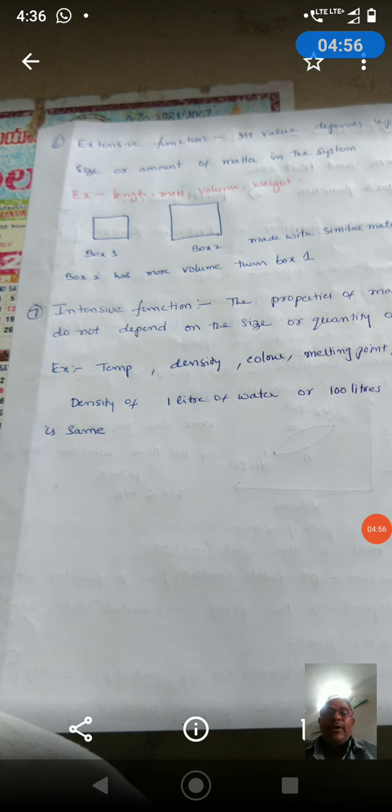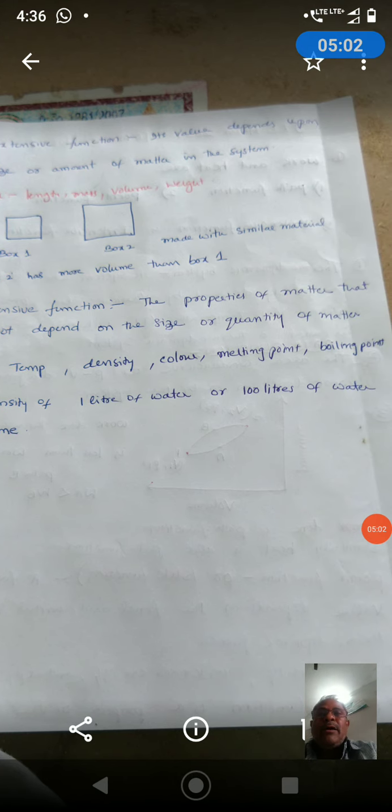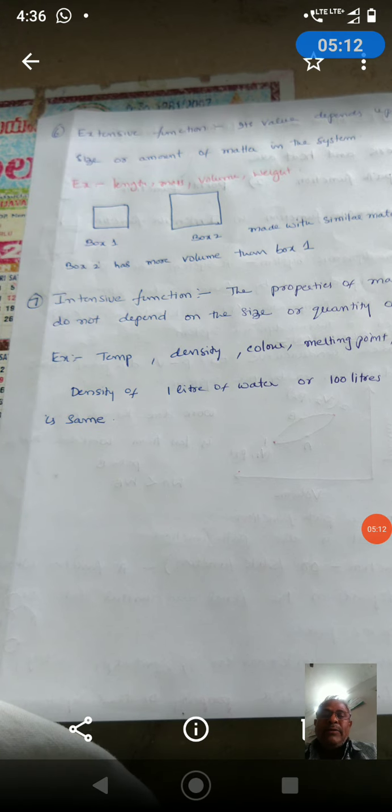What is the extensive function? Extensive function means its value depends on size and weight. I have given one example. There are two boxes. They are of different sizes.